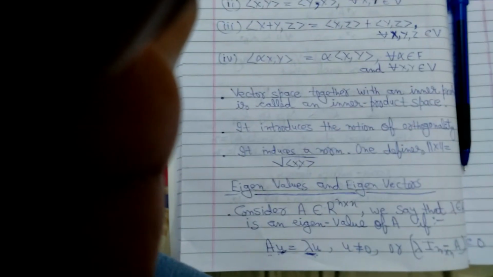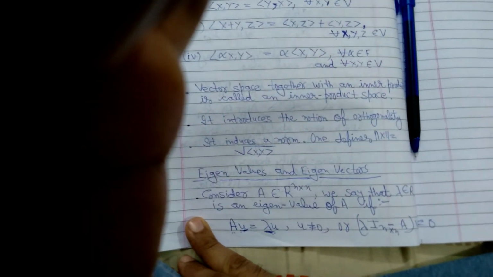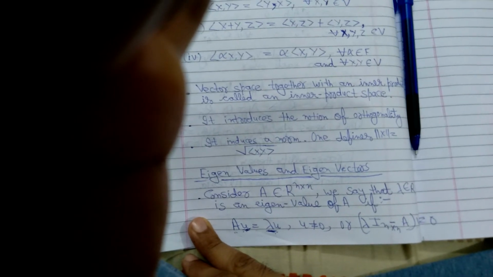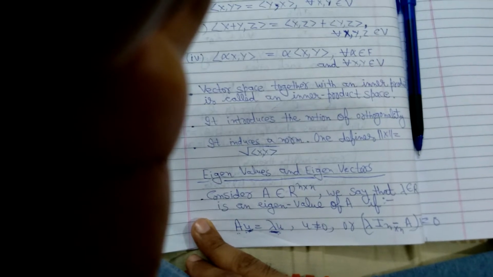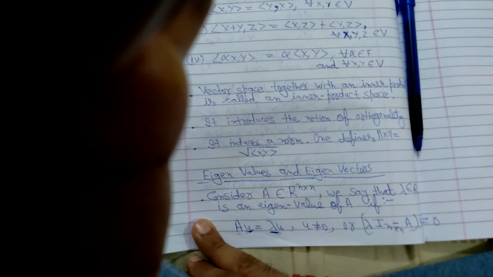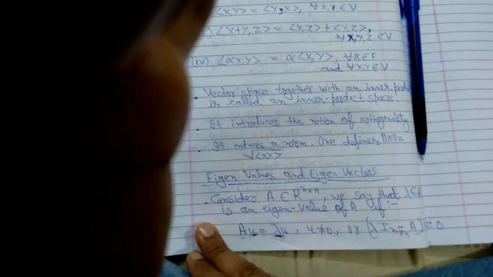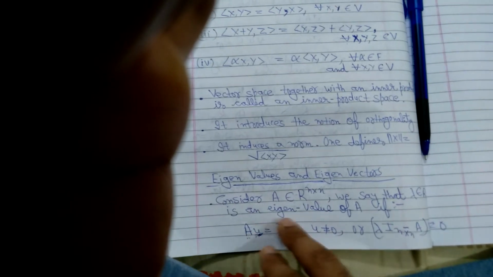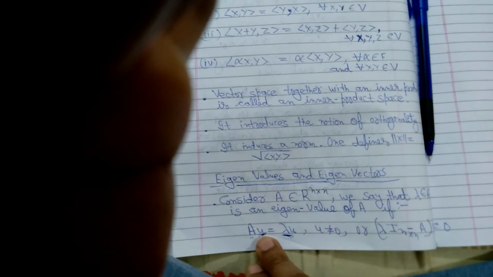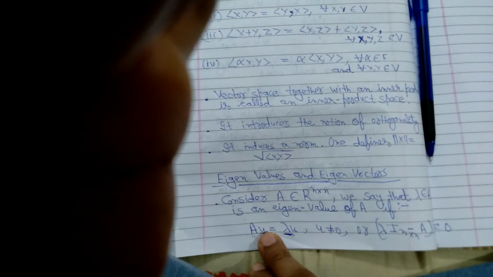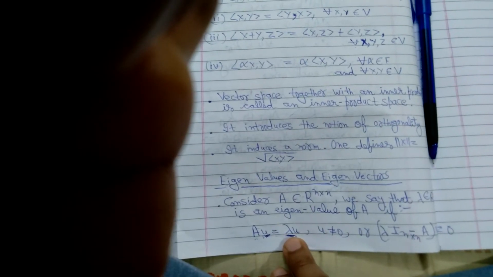We defined eigenvalues and eigenvectors by considering a square matrix A. Then we said that eigenvalue lambda in the real field will be associated with A by this equation: A u equals lambda u, right? The corresponding vector u will be called the eigenvector, and this is the direction in which, when it gets operated by the matrix A, it just gets scaled by a factor of lambda, right?